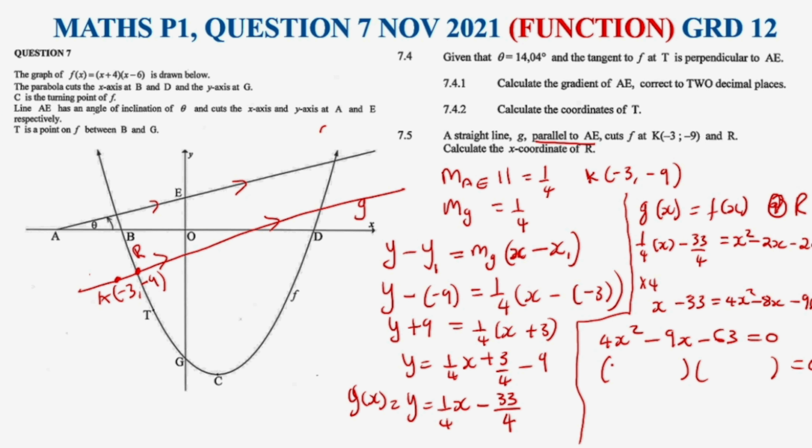With the factors, x and then x, and we also need to take out the common factor, minus 21, and plus 3 will be the factors. Therefore x is equal to 21 over 4. Okay, and that's our x value at R.